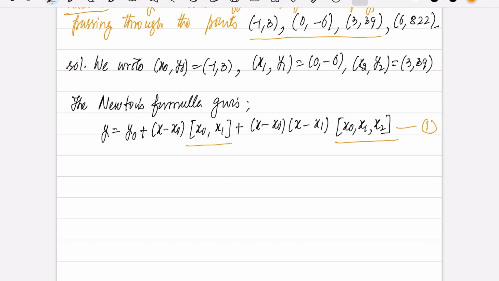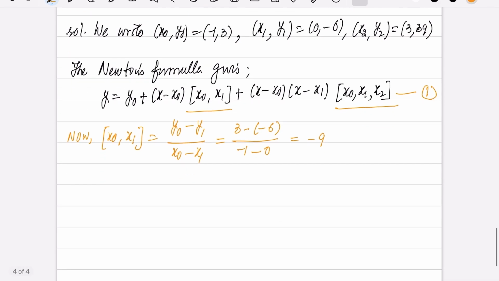So let's call this equation number 1. Now this x naught, x1, this divided difference, by definition is equal to y naught minus y1 divided by x naught minus x1. Now using the values y naught is equal to 3, y1 is equal to minus 6, this is 3 minus minus 6 divided by minus 1 minus 0, so this finally becomes minus 9.